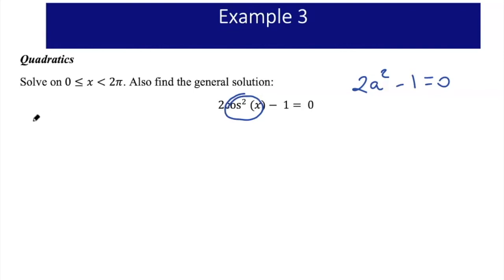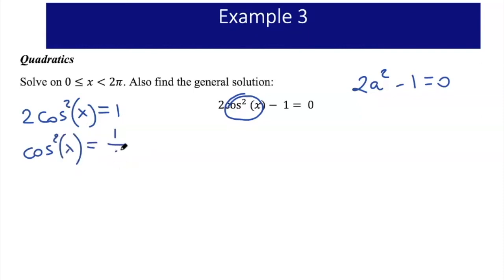So solving algebraically, I have 2 cosine of x squared minus 1, equals positive 1. I divide both sides, and I have cosine squared of x equals 1 over 2.